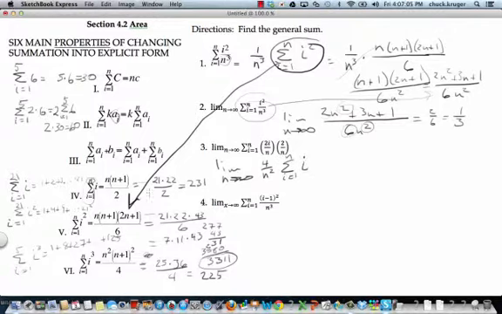Again, over here is that value for the summation. So now I'm going to have the limit as n goes to infinity of 4 over n squared times n plus 1 all over 2.